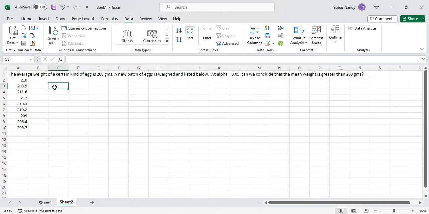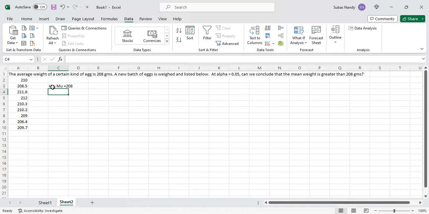So our null hypothesis, which is the status quo, is mu, the population mean, equal to 208.